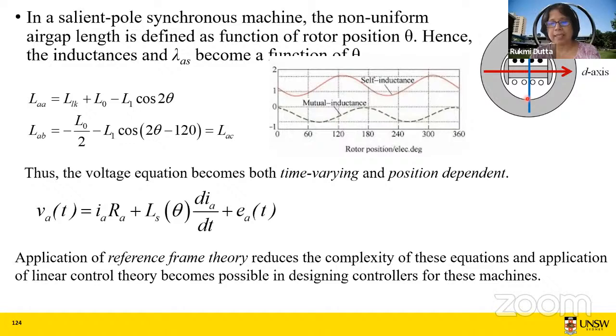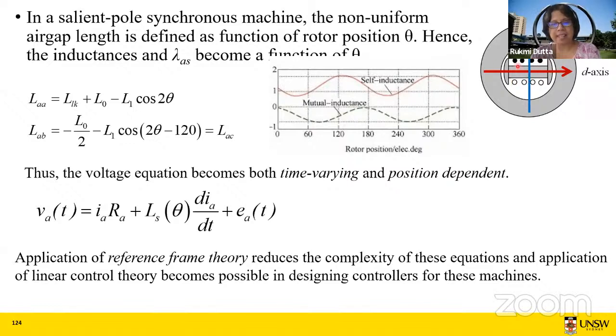The only difference is that in IPMSM, the D-axis inductance is actually smaller compared to the Q-axis inductance, which means the reluctance in the D-axis is higher than the reluctance of the Q-axis.